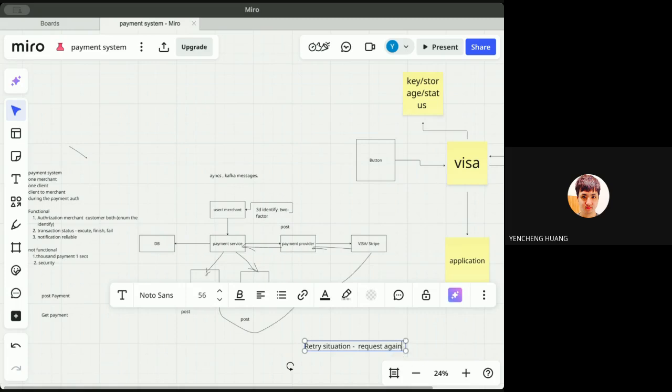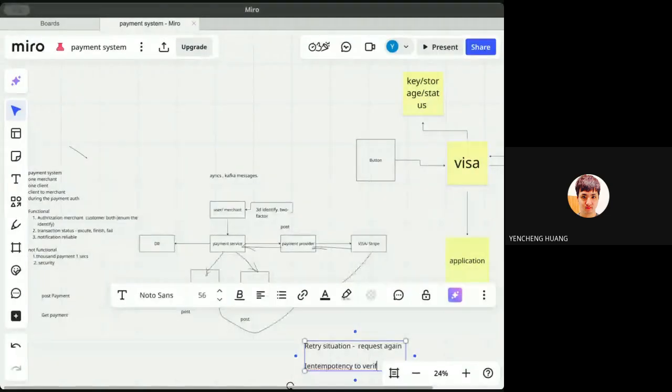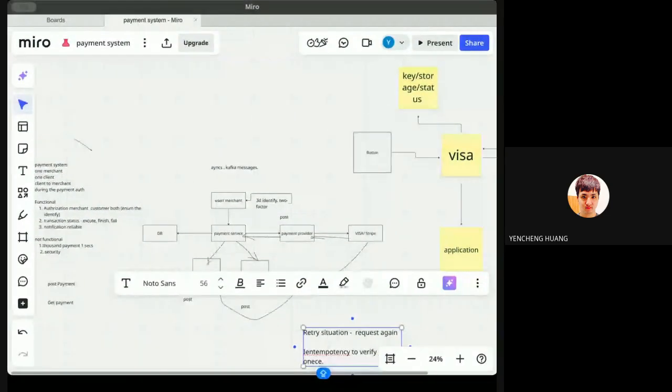And another one is I have to verify it's surely idempotency, just as I mentioned before, to verify it just once.